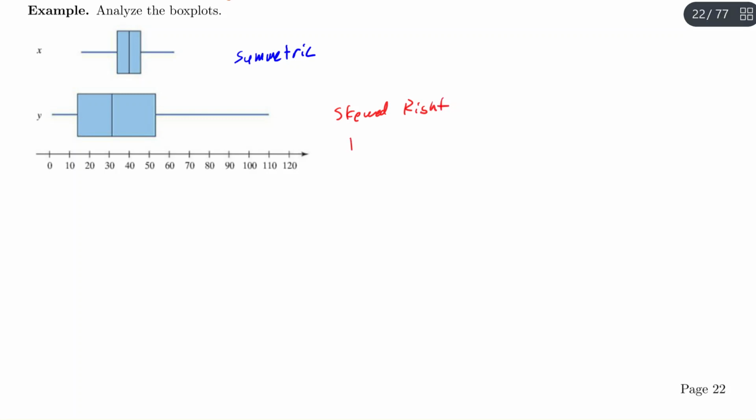And let's also find the median. The median for Y is about 31, whereas for X the median is about 40. Those are just observations we can make looking at each individual box plot.